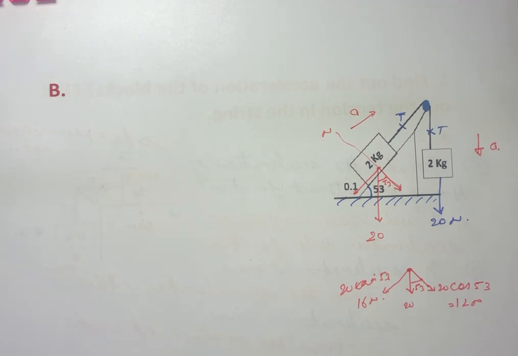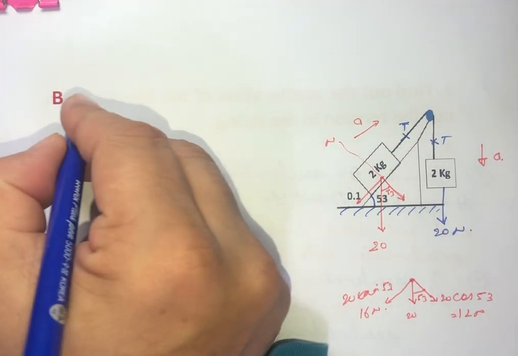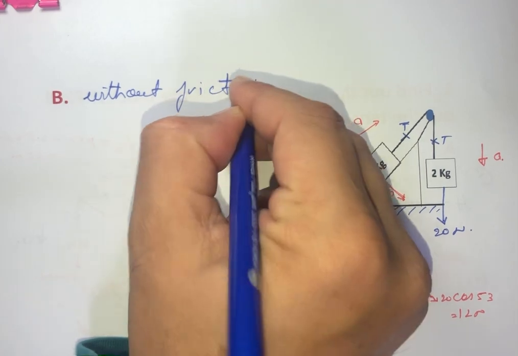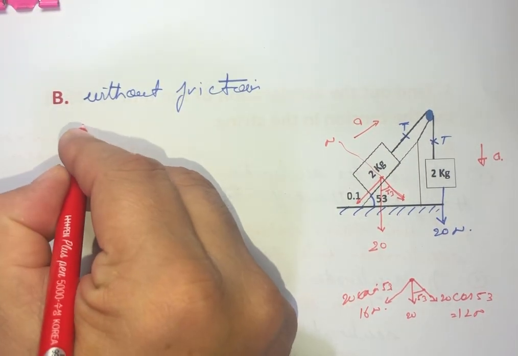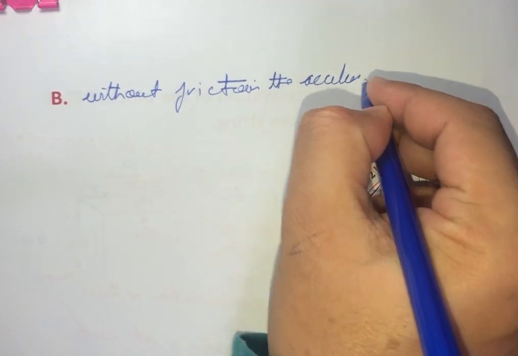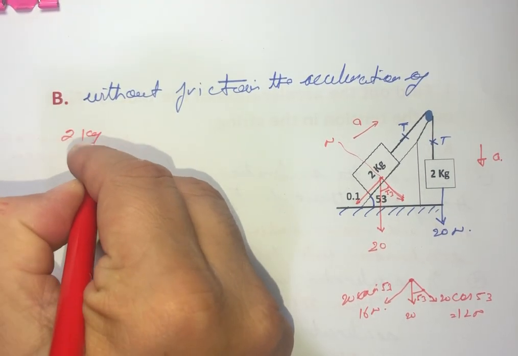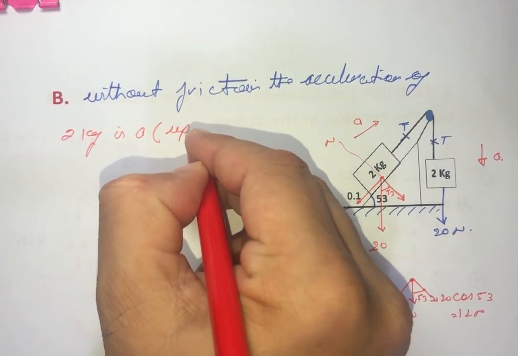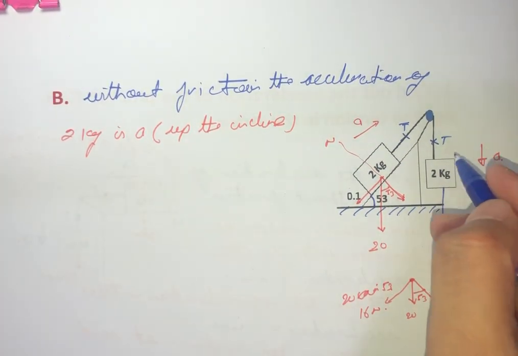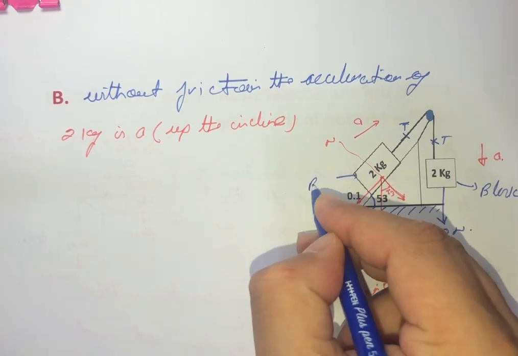Okay. So once again we assume that without friction, the 2 kg has acceleration A up the incline, and for simplicity let us call this block 1, and let us call this block 2.